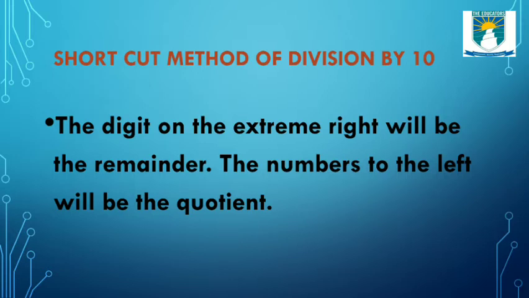The numbers to the left will be the quotient. I repeat, the digit on the extreme right will be the remainder. The numbers to the left will be the quotient.